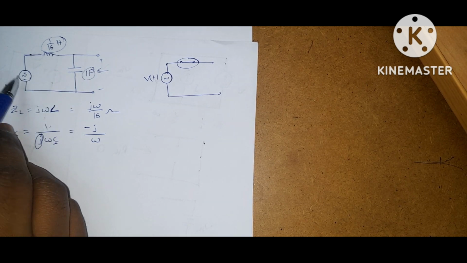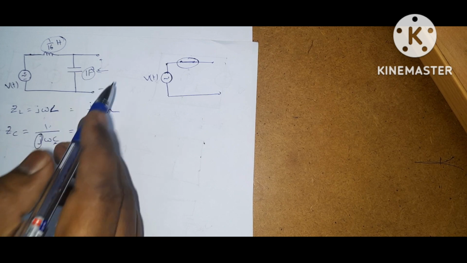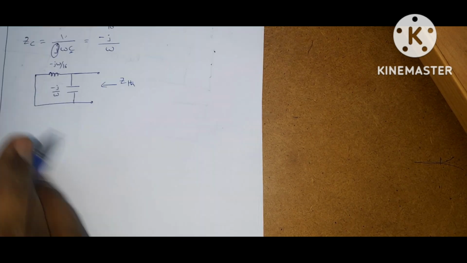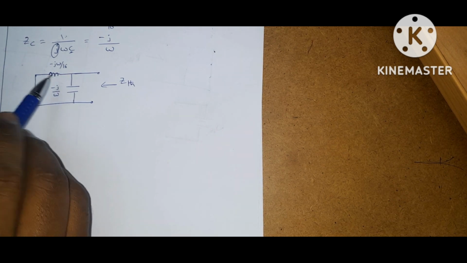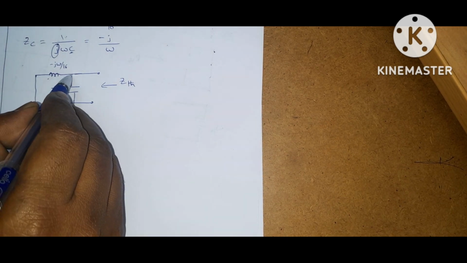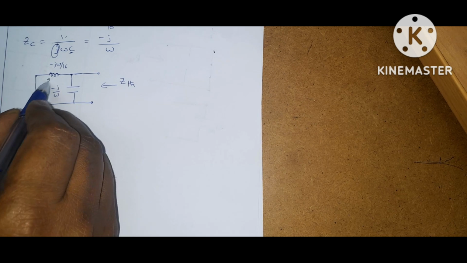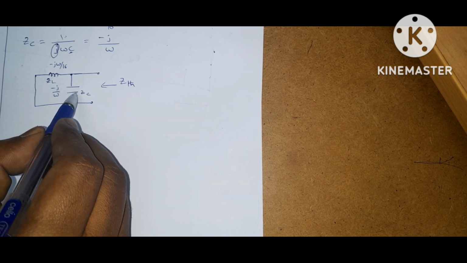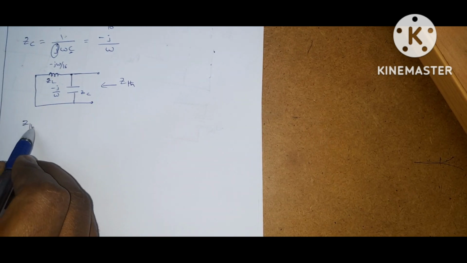Replace the voltage source with a short circuit and find the open circuit impedance. Then it will become the Thevenin impedance. This is the circuit. Here, two impedances are connected in parallel. This is ZL and this is ZC. So both ZL and ZC are connected in parallel. So what is the Thevenin impedance?